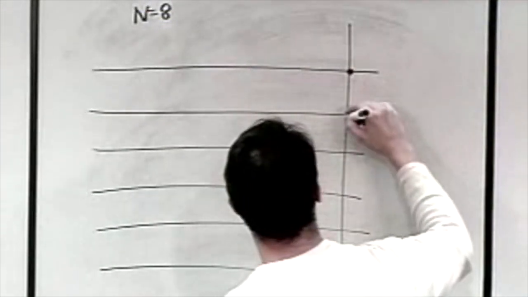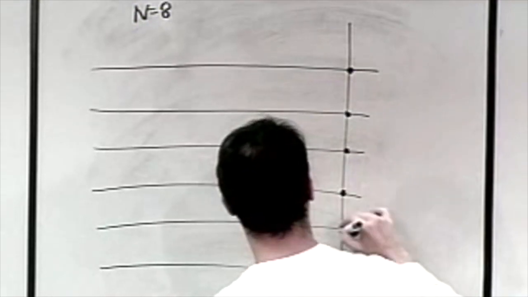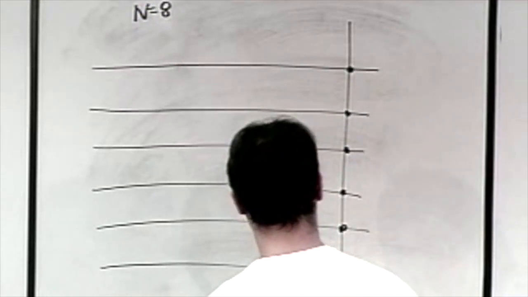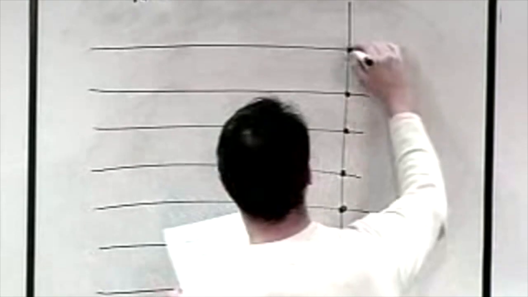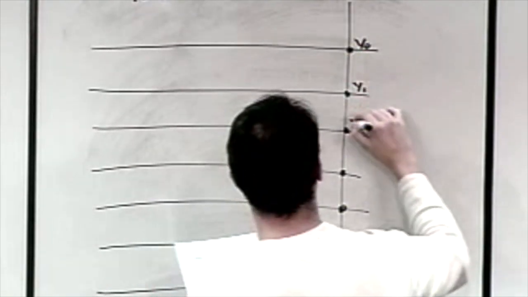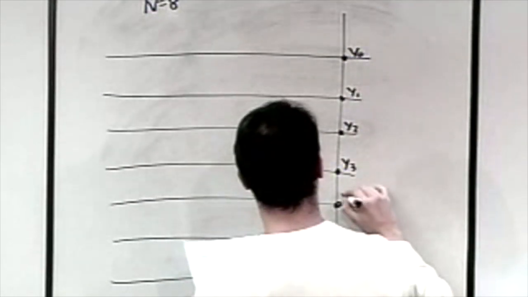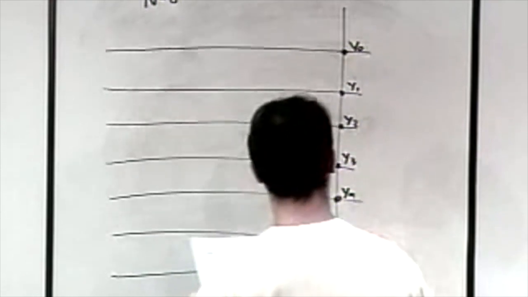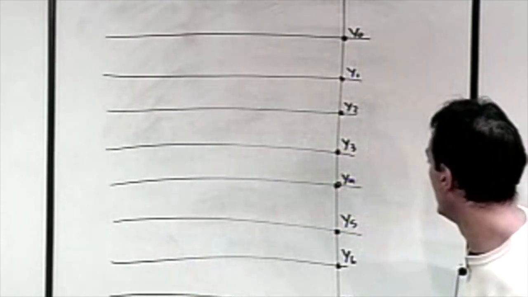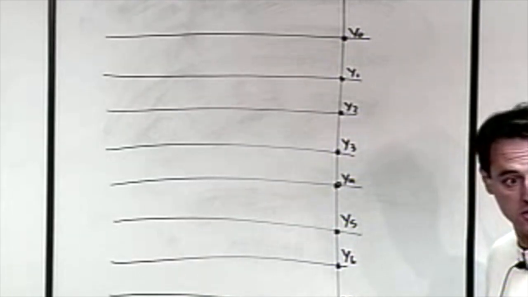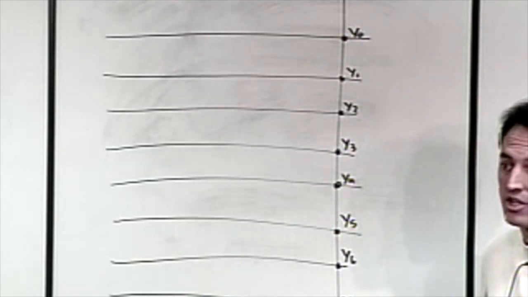You start off with a collection of 8 points that you're trying to solve for, because it has to be some power of 2. This is 2 to the 3.